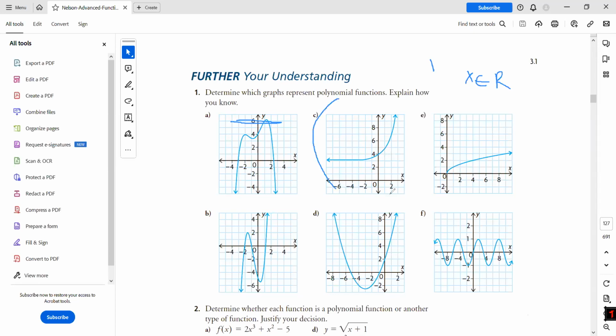For example, here in image C, you can see that the end behavior is pretty odd. We know that polynomial functions have end behavior ending at infinity. It's always going to be infinity on one of the ends. And if you see something like this, no, it's a pass.